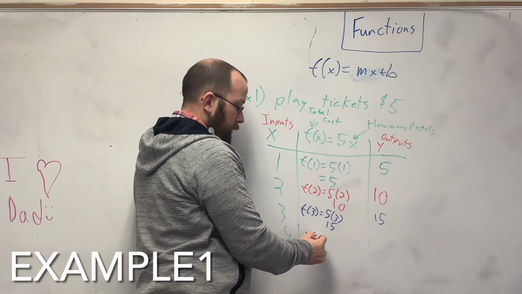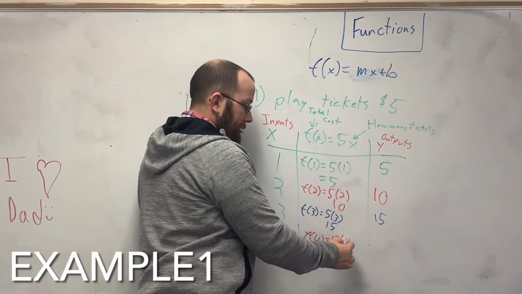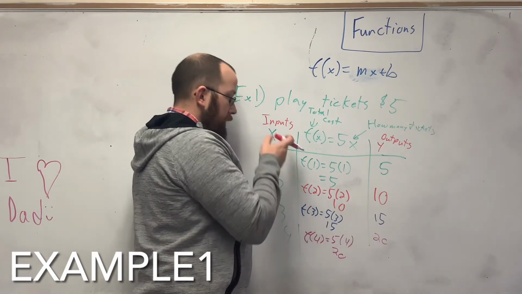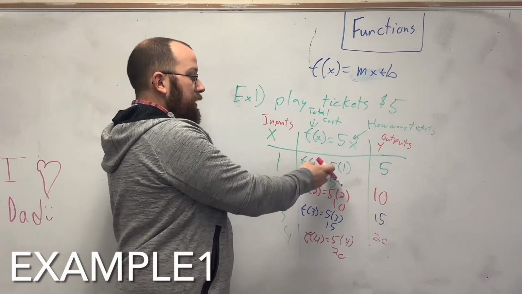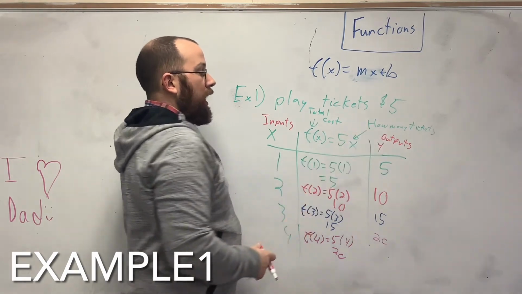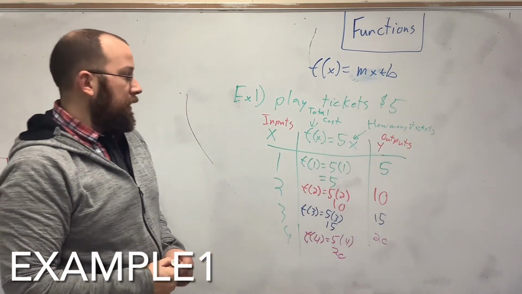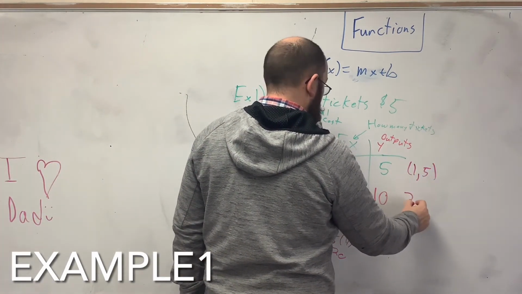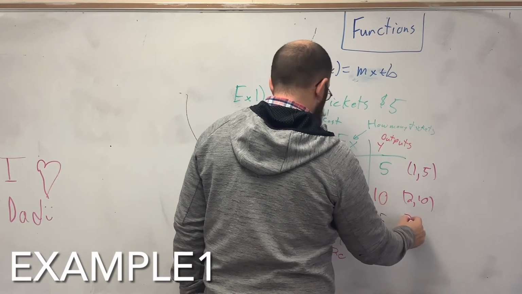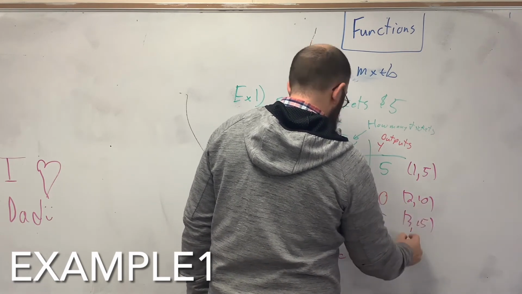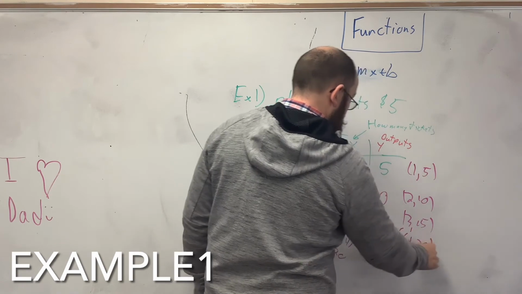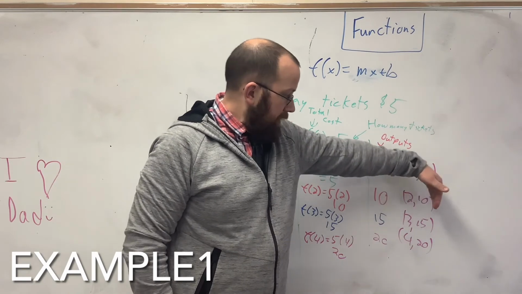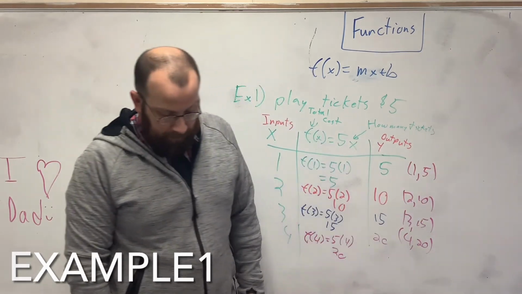So then f of 4, that's 20. And there you go. You input whatever your x value is in, and then you get your output, which is your y, and then you get your point. So the points would be 1, 5; 2, 10; 3, 15; and 4, 20. The x points are your inputs, your outputs are your y points.